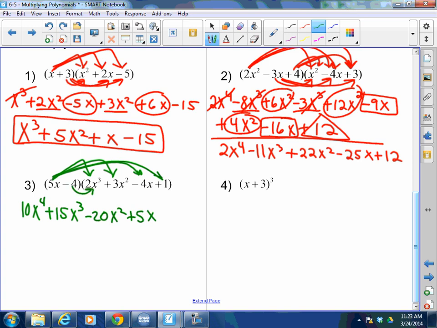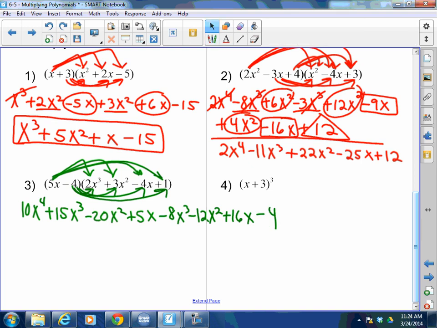Negative 4 times 2x cubed, negative 8x cubed. Negative 4 times 3x squared, negative 12x squared. And negative 4 times negative 4x, positive 16x. And negative 4 times 1, negative 4.